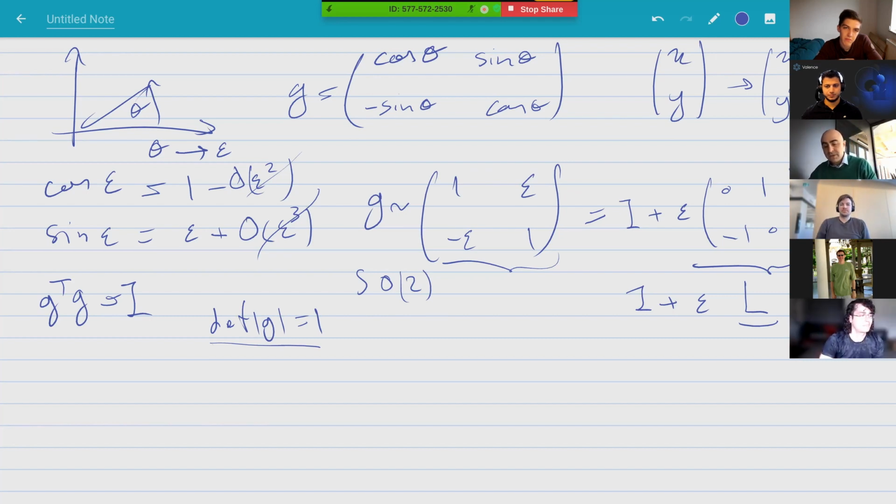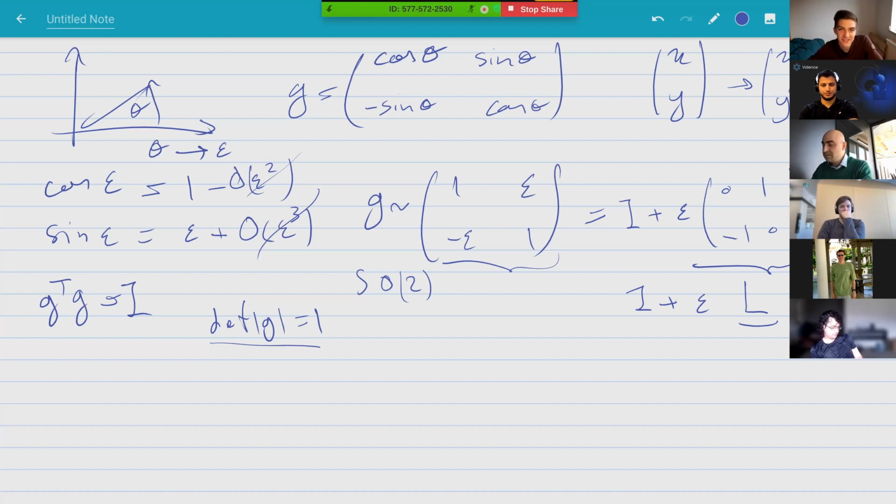For more complicated groups, it's actually harder to show that every Lie algebra corresponds to a Lie group as well. I think we can be happy with the 2D group now, and I'll continue this explanation. Fine. Yes, so I will.